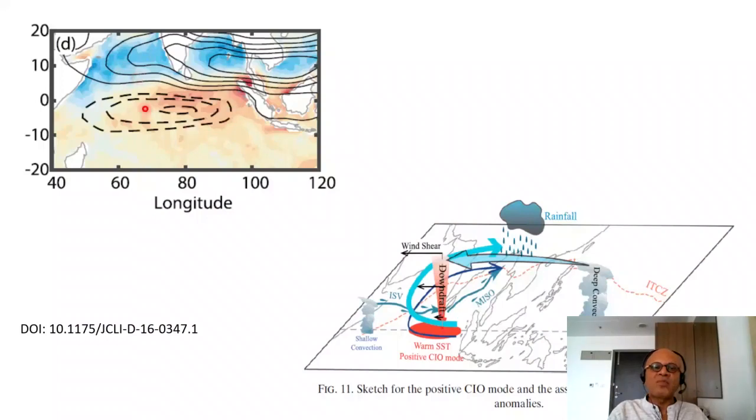So you have warm SST anomalies at intraseasonal timescales in the deep tropics associated with easterly winds, and you have colder SSTs and westerly winds over here. So you have a horizontal shear instead of the vertical shear that is argued to be critical for providing the energy, barotropic instability providing the eddy kinetic energy for northward propagation.